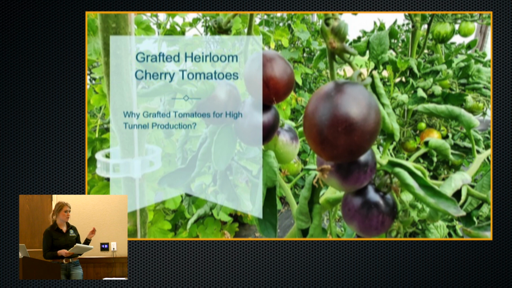So this is where the why grafted tomatoes becomes the important point. Grafting scions to rootstocks can be a tool utilized to help counter the issues that you'll experience growing tomatoes on tomatoes. But before moving on, I want to go over what a scion and a rootstock are.